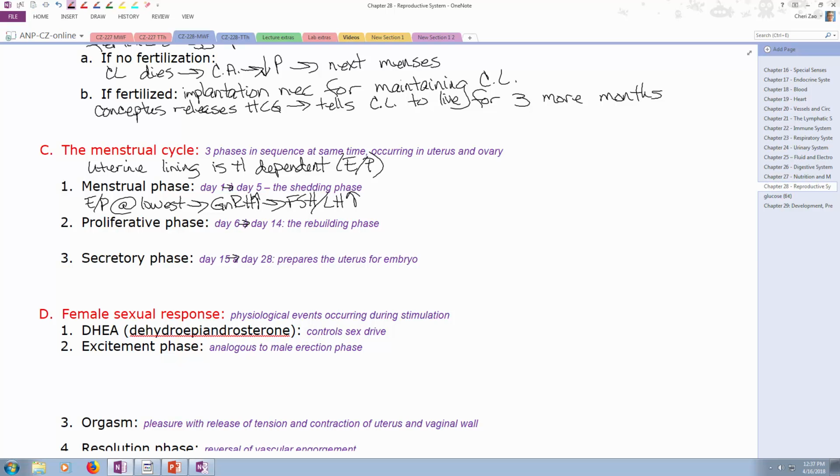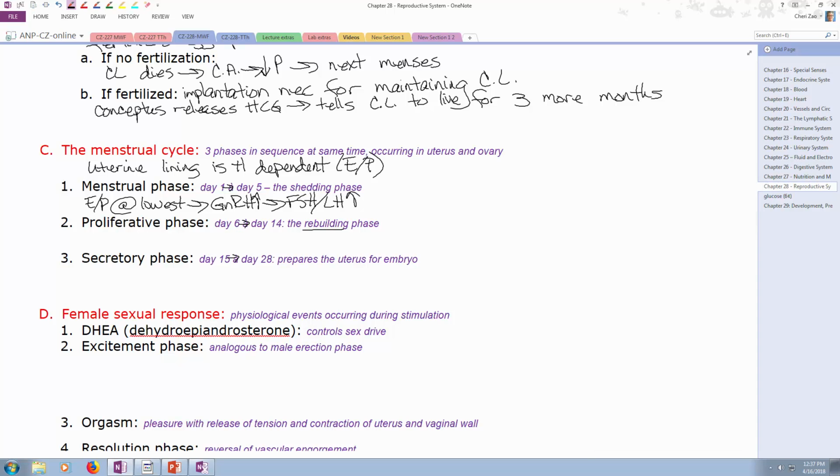Now, FSH and LH go up because estrogen and progesterone levels are low. Once follicles start developing, what do we know about estrogen levels? Estrogen levels start to go up, and so that's what the proliferative phase is all about. It's the rebuilding because we just sloughed.